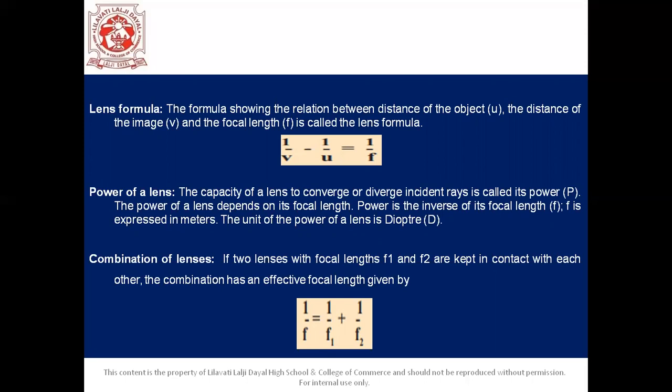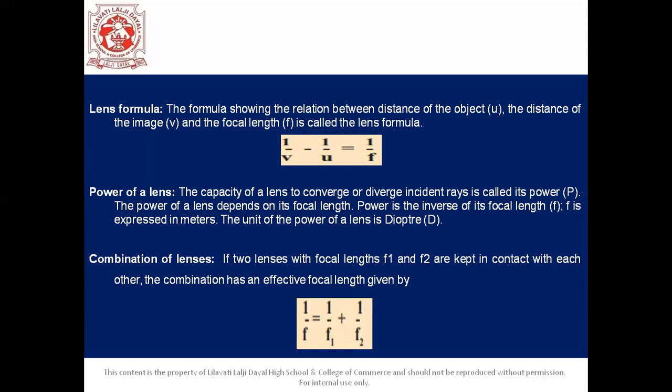Then the power of a lens, students: the capacity of the lens to converge or diverge incident rays is termed the power P, and this power depends on its focal length. The power is the inverse of its focal length F, and F is always expressed in meters.